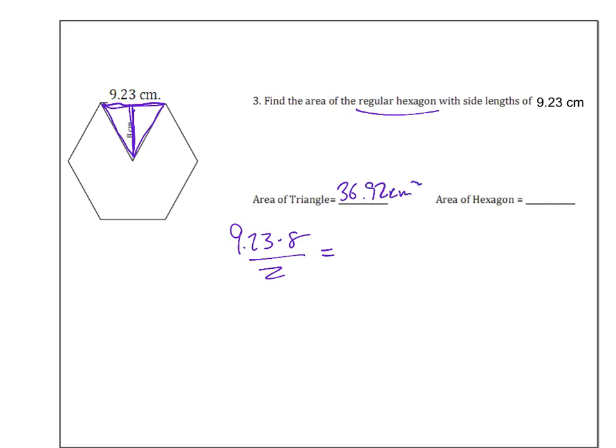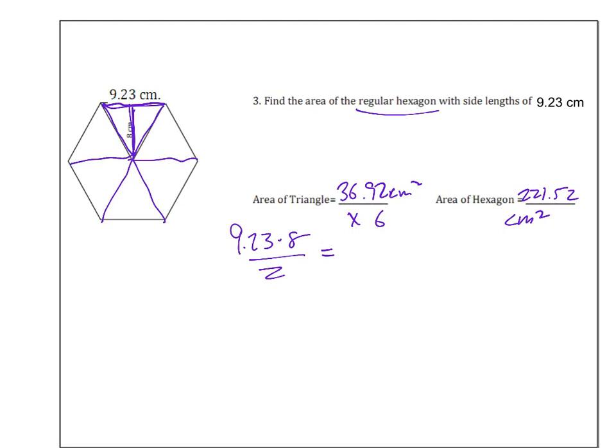Now how do I figure out the area of the whole hexagon? I have to realize that this hexagon is made up of 6 of those triangles. I've got the area of one triangle, so I need to multiply it by 6 to get the area of the whole hexagon. I get 221.52 when I multiply that. That gives me the area of the whole hexagon.